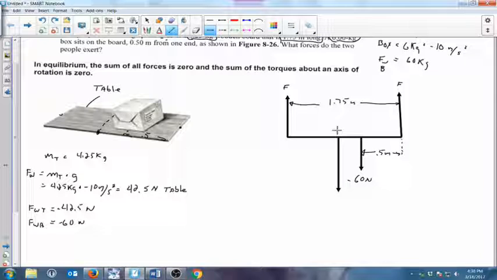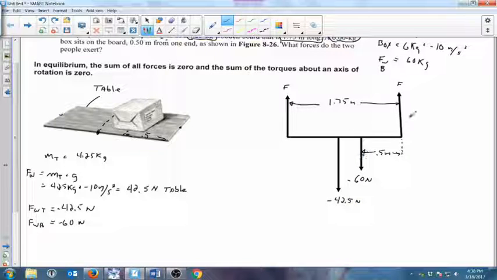Okay, so let's see what that does for us now. We know it's 60 newtons. I mean 42.5 newtons, so let's make sure we put that in there so we don't forget. This is a minus 42.5 newtons. These two are pulling down. The guys are holding it up.